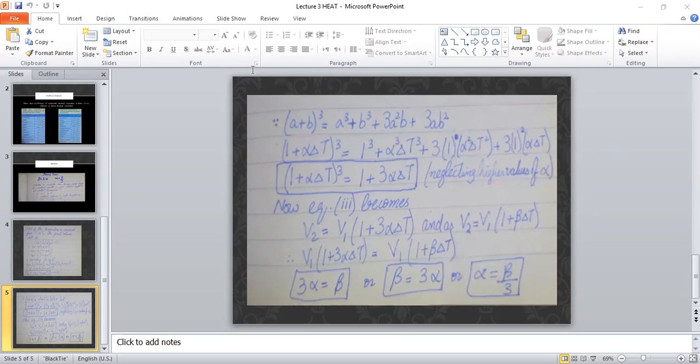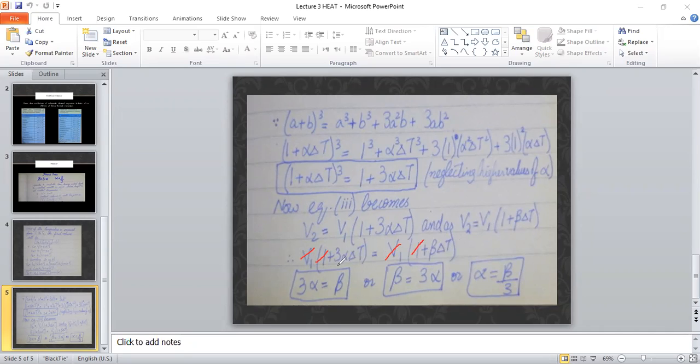Now, we know that V1 would be cancelled by V1, right? 1 plus 3 alpha delta T and 1 plus beta delta T would be remaining. 1 would be cancelled by 1, right?